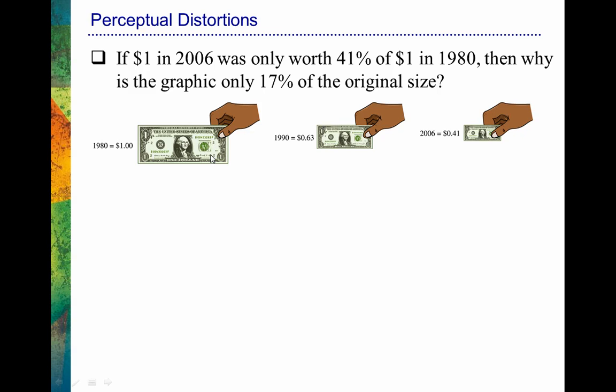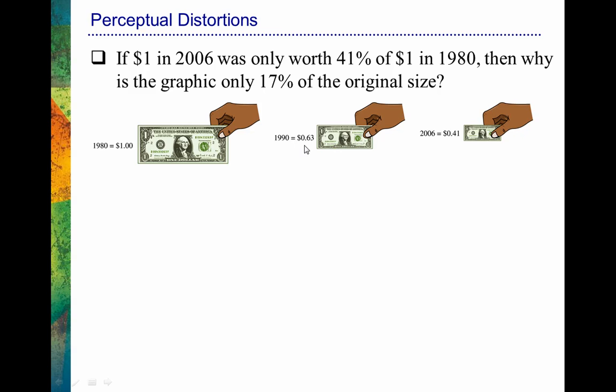It's using a graphic of a dollar bill to show how the spending power of a dollar has changed using 1980 as a baseline. We're saying a dollar equals a dollar back in 1980. And then we want to see how much that dollar buys in 1990 and in 2006.